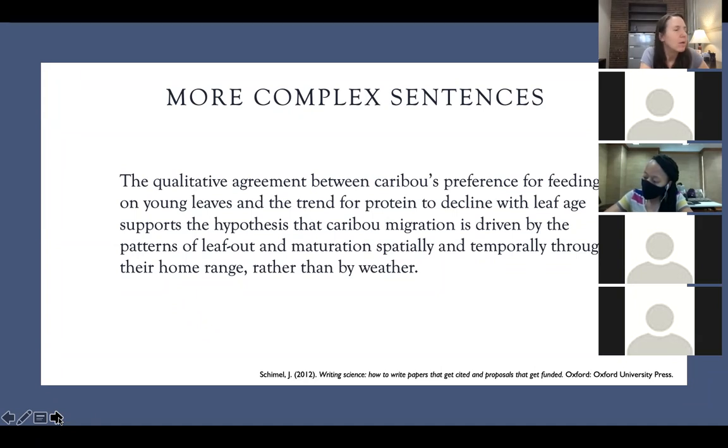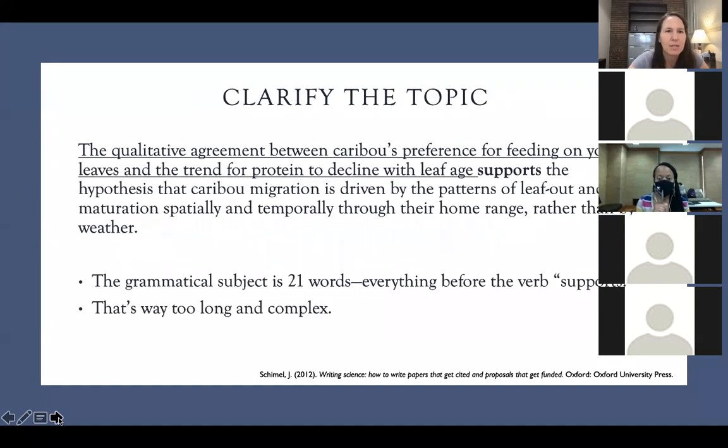So if we're looking for the verb here, we have to go all the way down to "supports." So we have this very long topic, and that is "the qualitative agreement between caribou's preference for feeding on young leaves and the trend for protein to decline with leaf age."